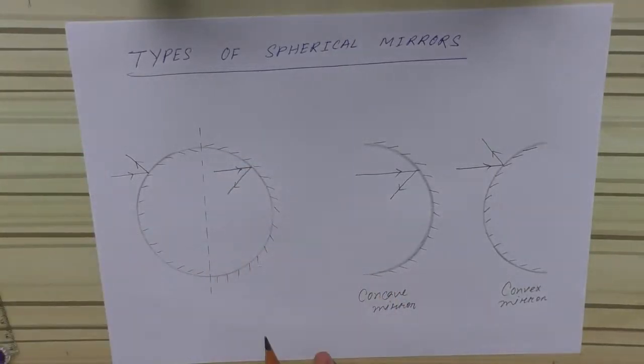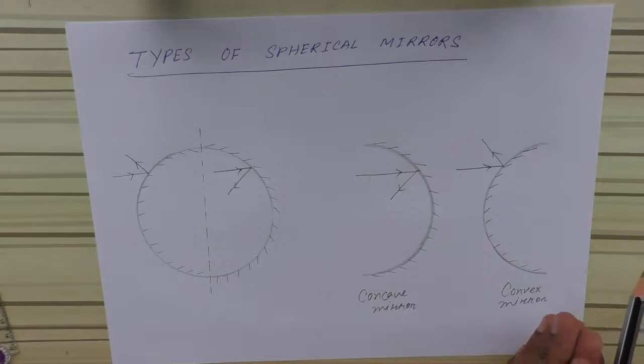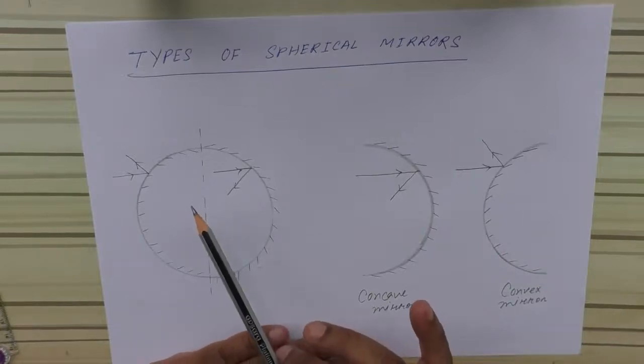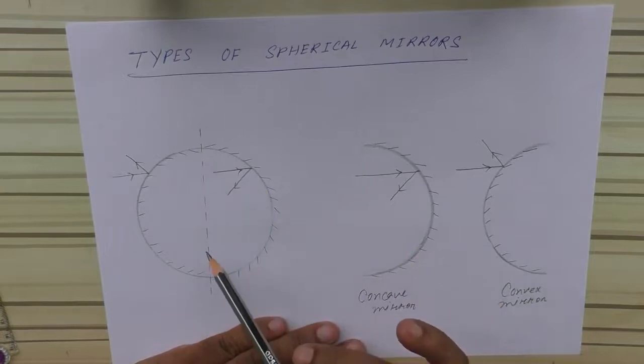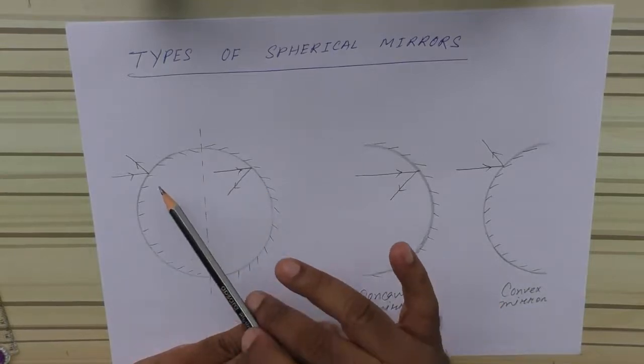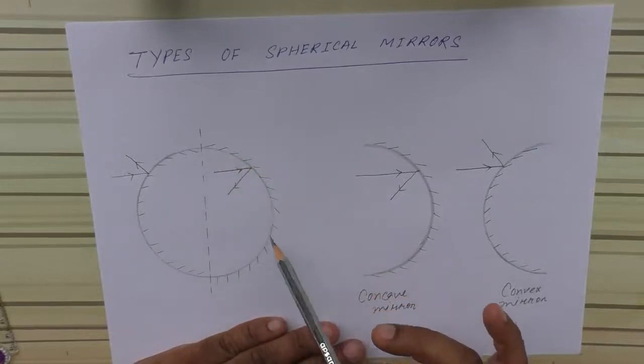So now if I ask you the three terms, spherical mirror, concave mirror and convex mirror. So what do you mean by the term spherical mirrors? Spherical mirrors are those mirrors which are the part of a hollow sphere made up of glass and polished from one side.